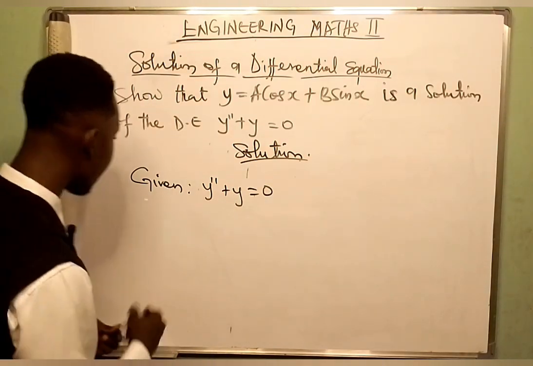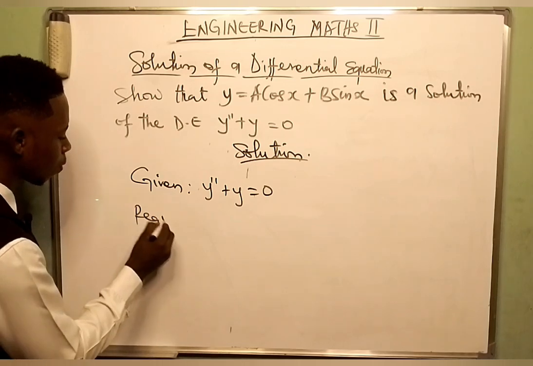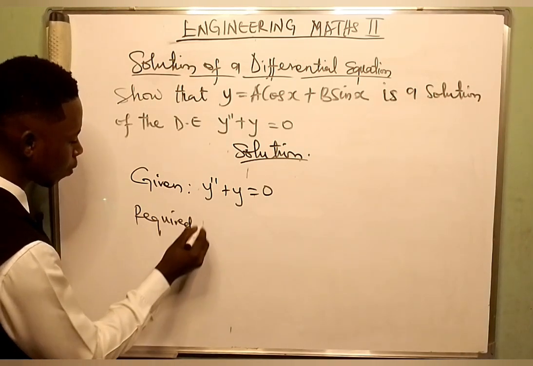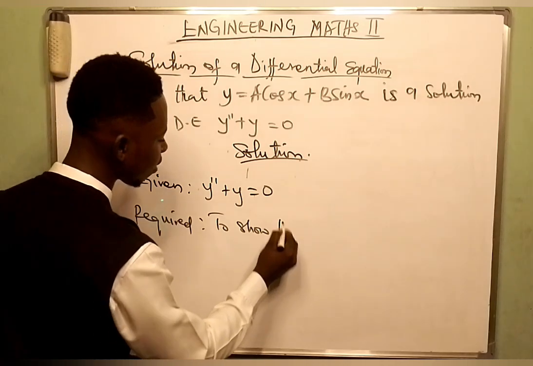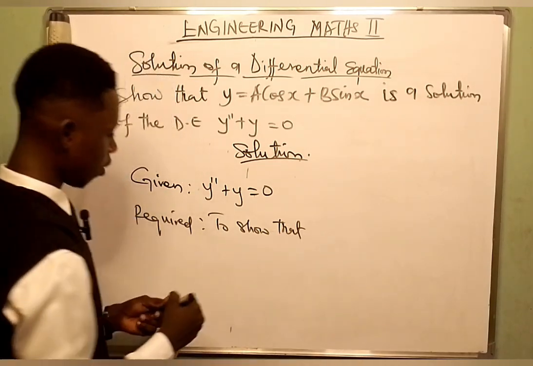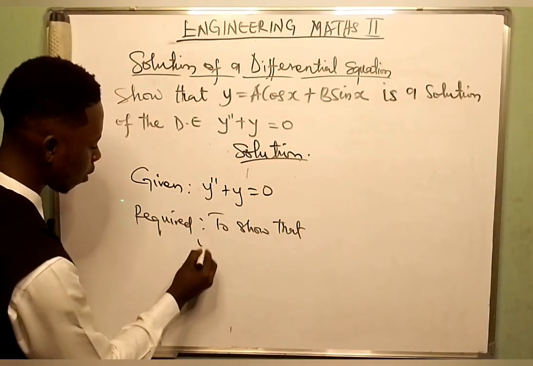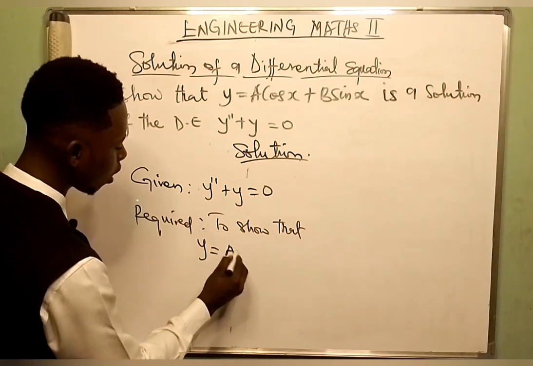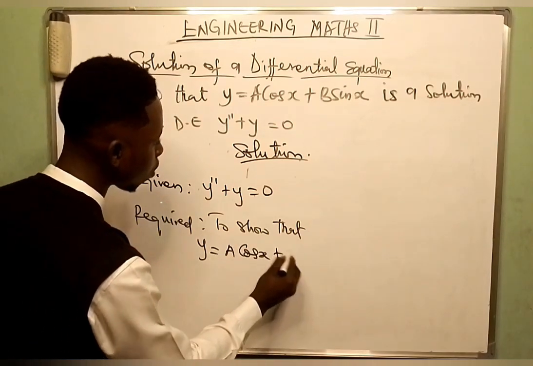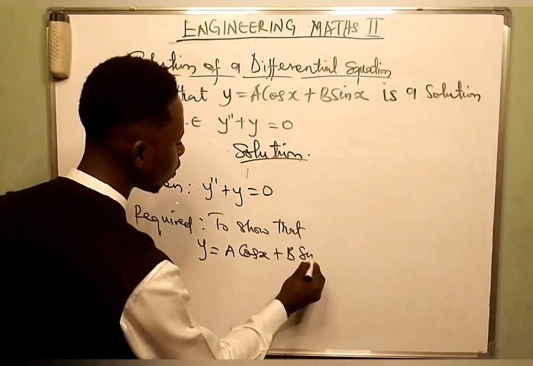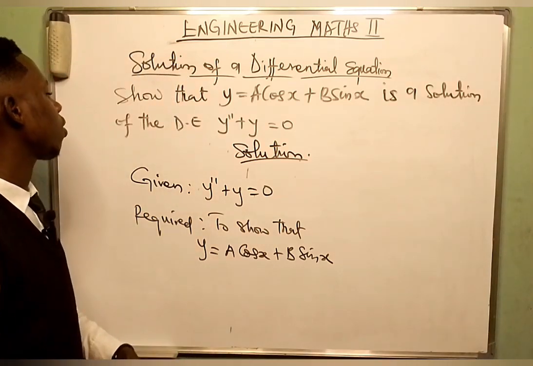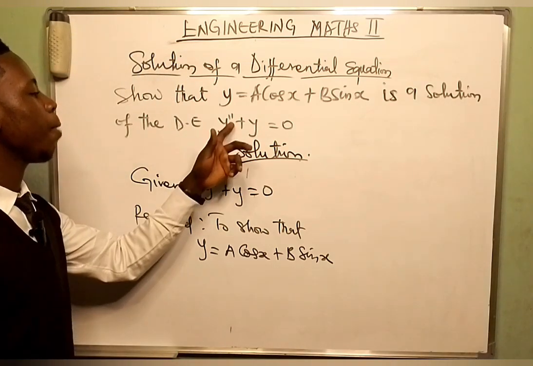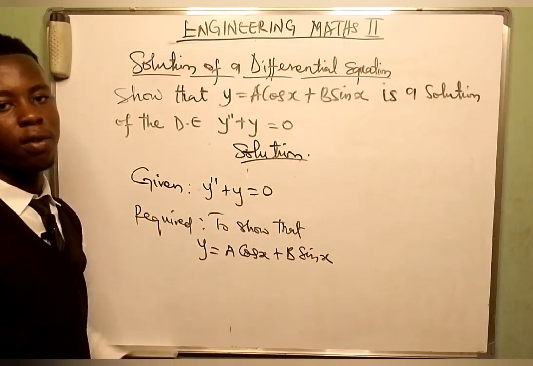We are required to show that y equal to a cos x plus b sin x is a solution of the differential equation y prime prime plus y equal to 0.